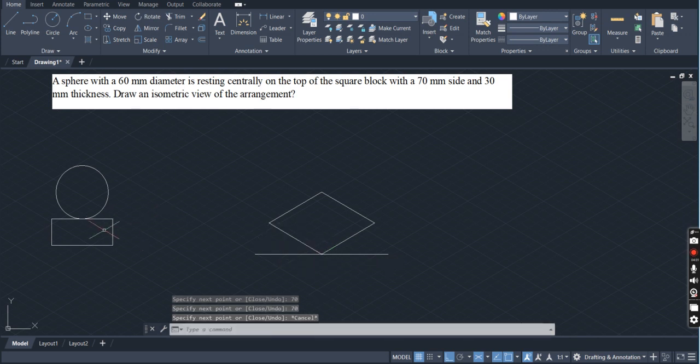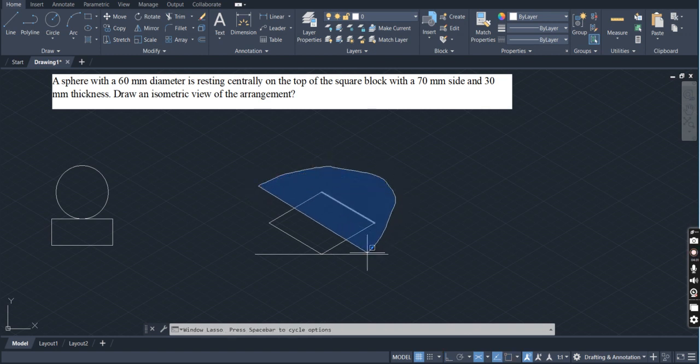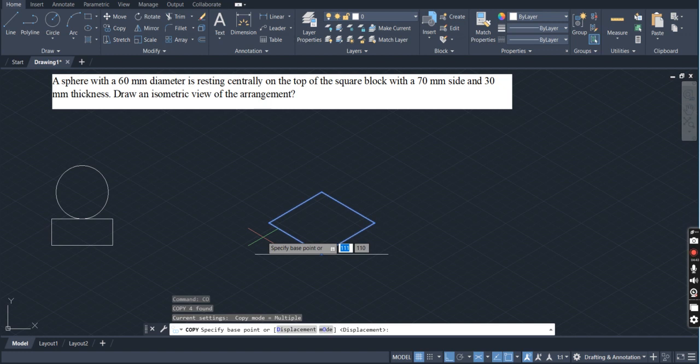The thickness of the block is 30. We have different tools and methods to construct a cube. Here we follow the copy option. Select this square block, copy, enter.